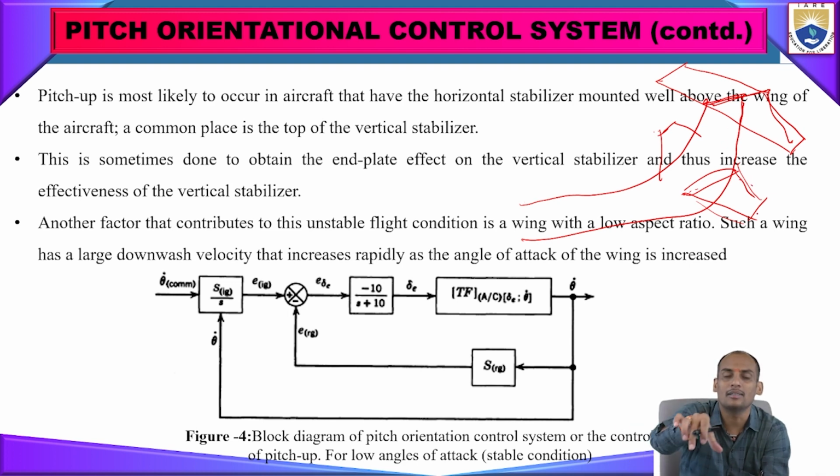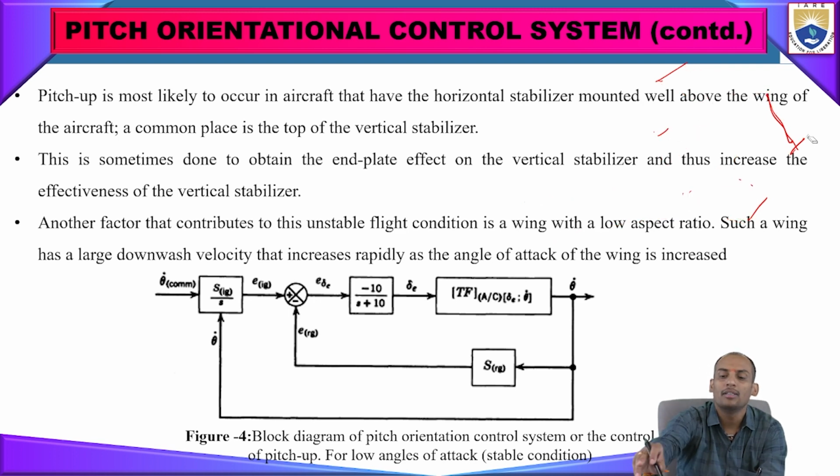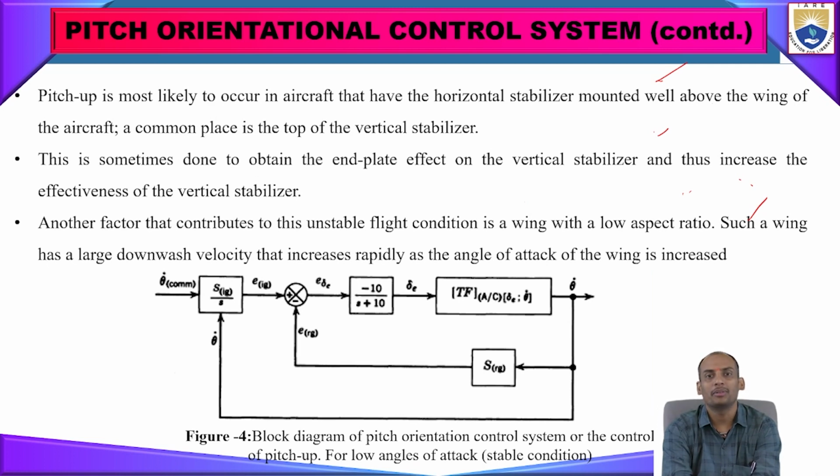Generally, the horizontal stabilizer is placed on the fuselage side, at the downside of the vertical stabilizer. But for high performance, high speed jets, the horizontal stabilizer is placed on top of the vertical stabilizer. This gives an end plate effect on the vertical stabilizer, and thus increases the effectiveness of the vertical stabilizer.